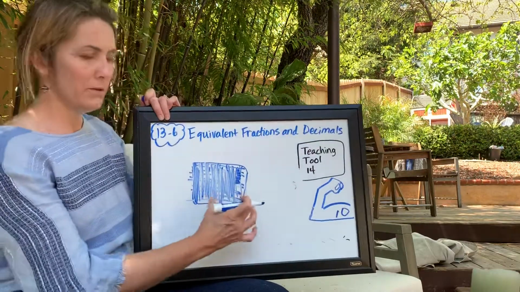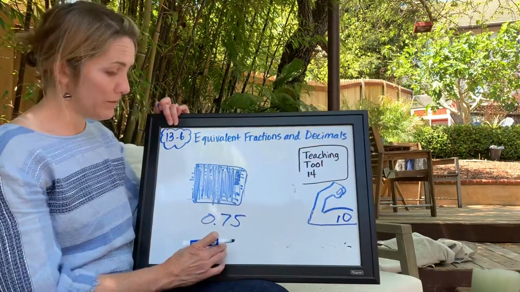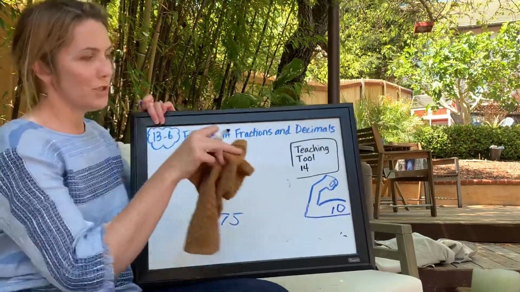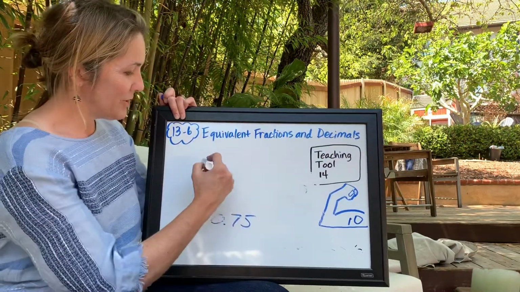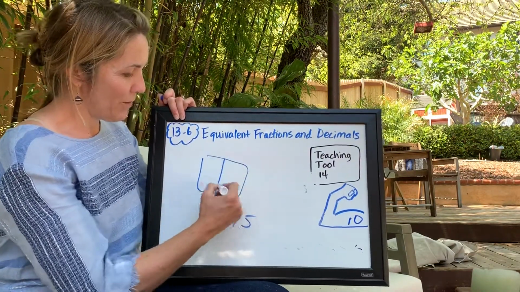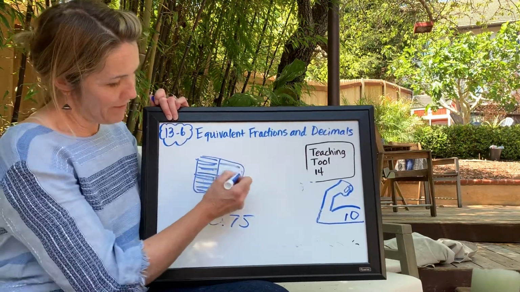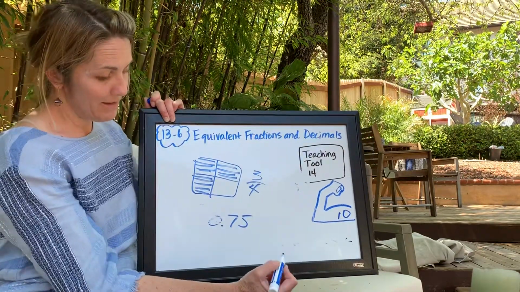So that's one way to do 0.75 or 75 hundredths. Or you could easily, I should have had this teaching tool, but my computer wouldn't let me print it off because I have no internet, just shade in a half and then 3/4. So 3/4. That's really what it is today.